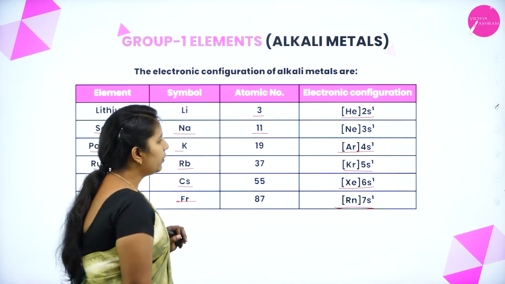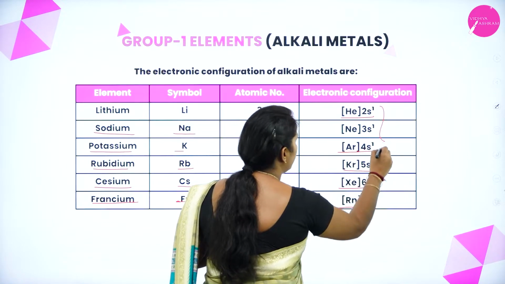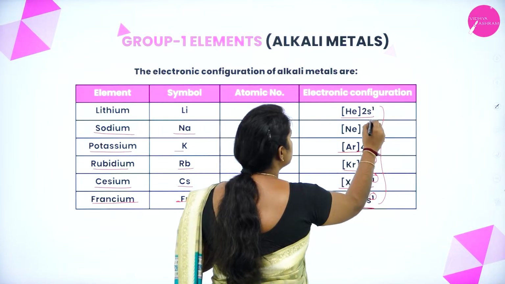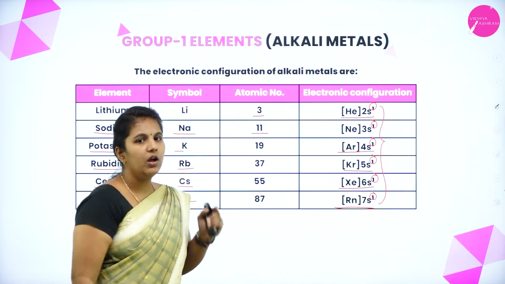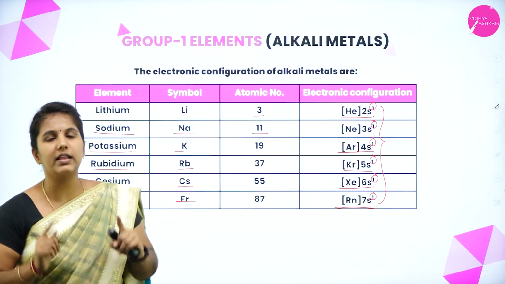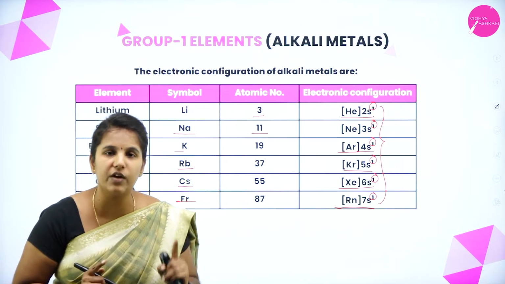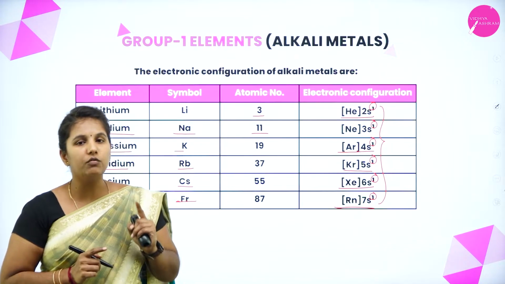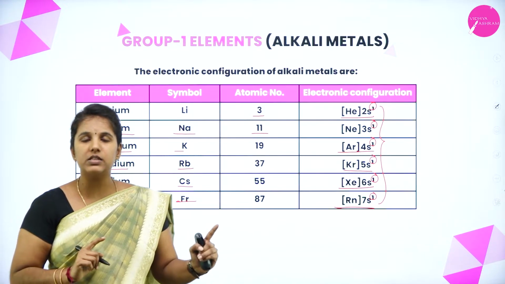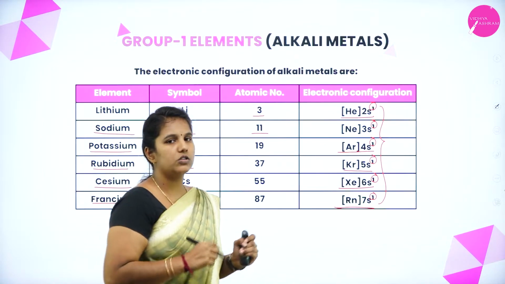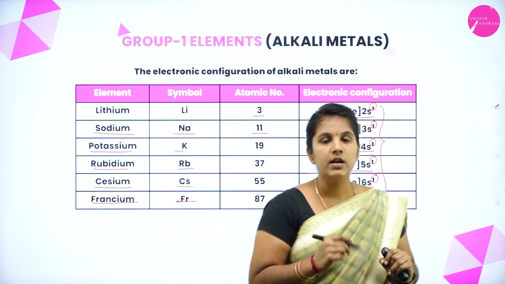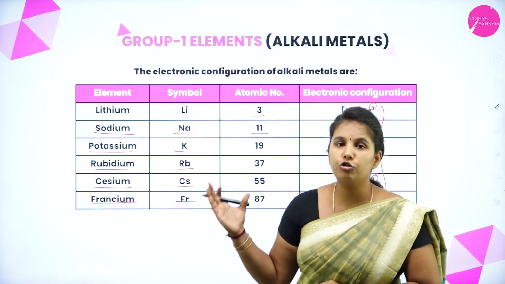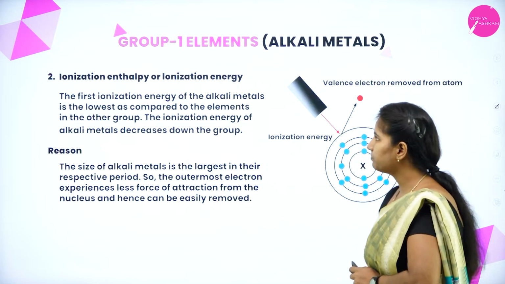You can see that in all these elements the last electron enters the s orbital and they have only one valency. Their oxidation state is only +1, because the outermost shell consists of only one electron. Hope you all understood the general electronic configuration of group 1 elements.